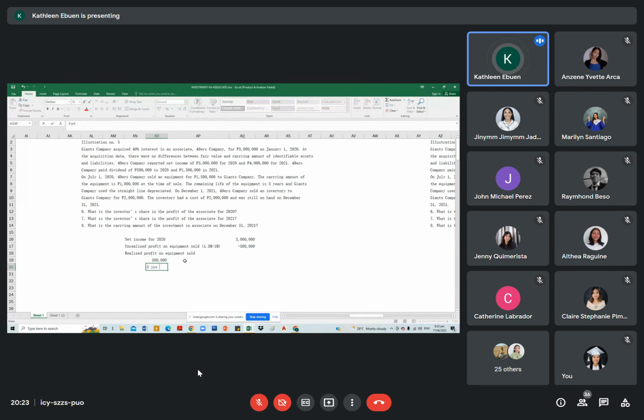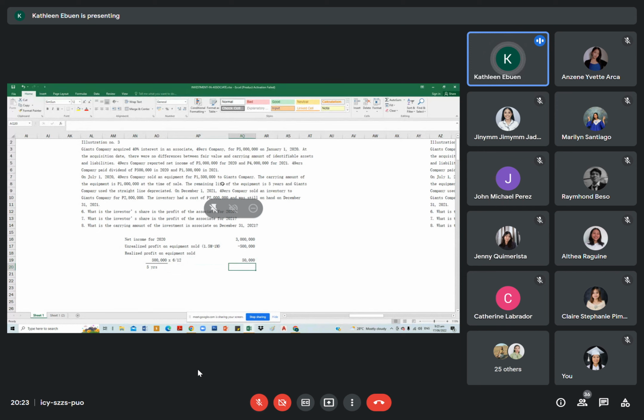And then, we will multiply. Okay, July 1, 2020. So, i-multiply pa natin to 6 over 12, kasi nangyari po yung sale nung July 1, 2020. So, 6 over 12, magkano to? 50,000. Okay, so 50,000. So, ito yung realized profit natin.